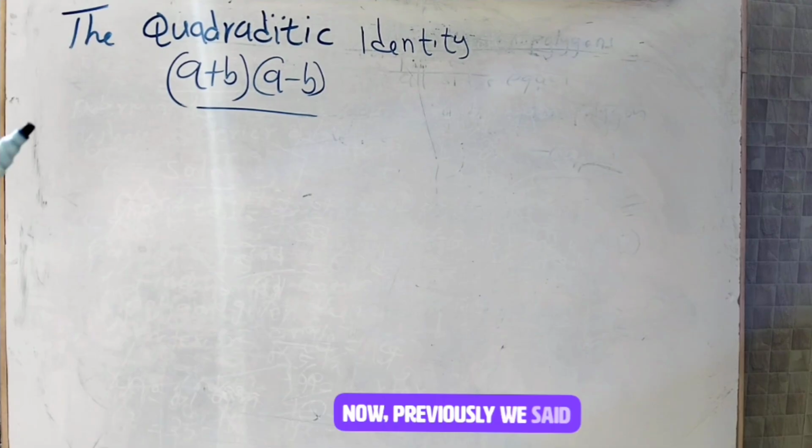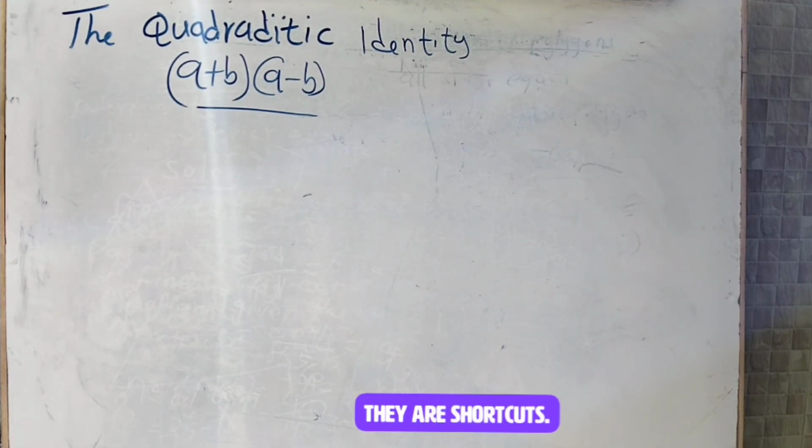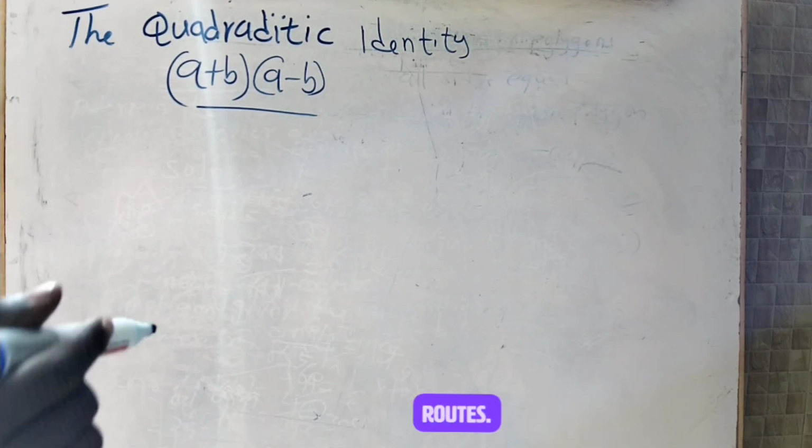Now, previously we said quadratic identities are very important because they are shortcuts. They help us to work out quadratic equations without following the long routes.